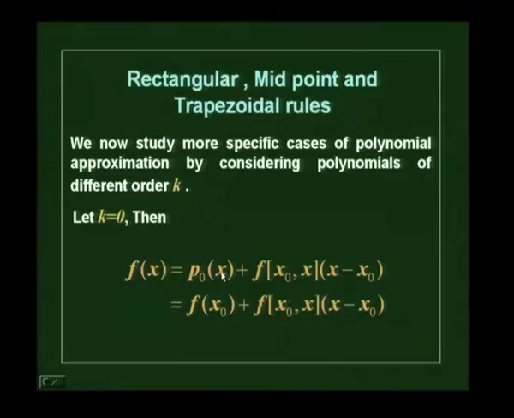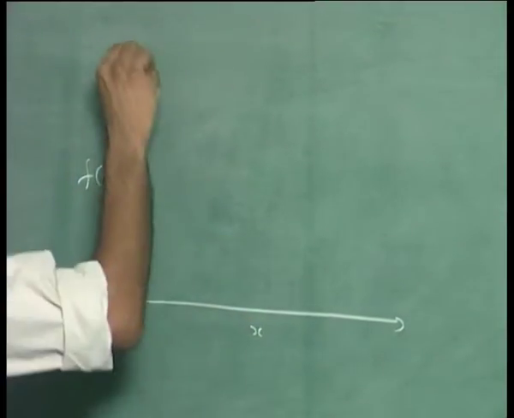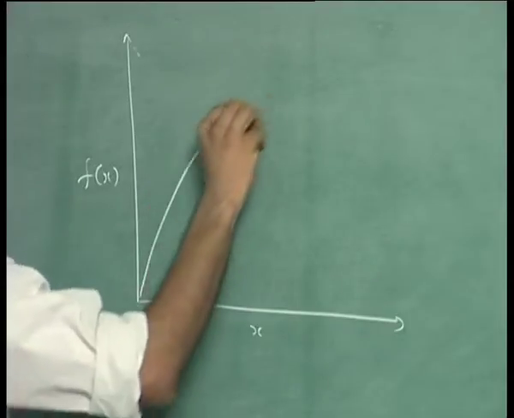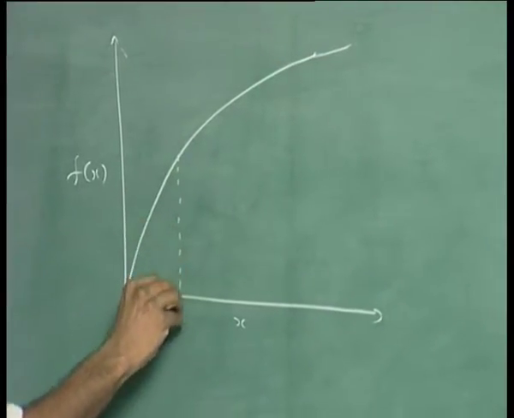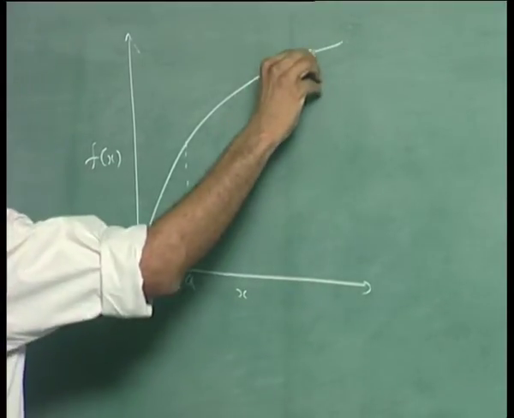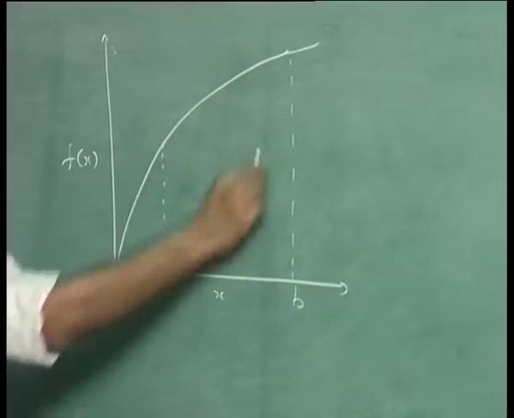So, the idea was the integral of a function f of x of this form. If you have a function of this form and you want to integrate that function between the limits a to b, what we mean by that is actually finding the area under this curve.